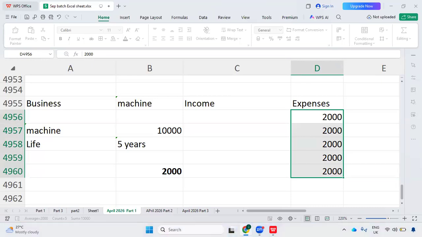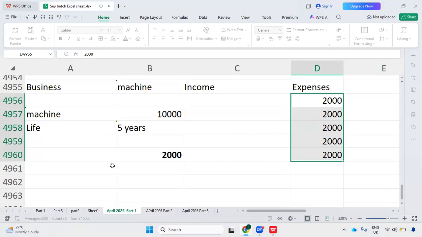So why is depreciation important? Depreciation will reduce the basis of the property. So what exactly will depreciation do?